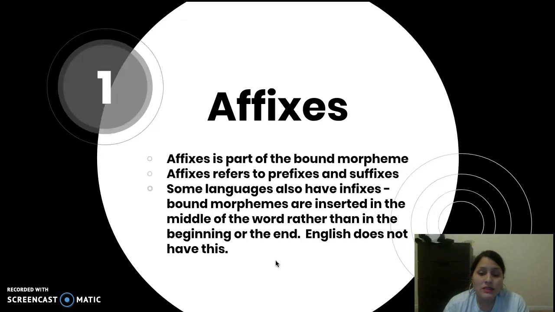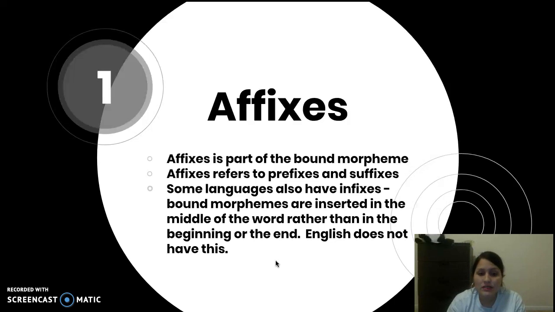In some languages, there are also infixes. These infixes are actually inserted in the middle of the word rather than in the beginning and the end, like prefixes and suffixes would. However, English does not have this, so we really don't have to worry about that. Just wanted to give you a little extra information on that.